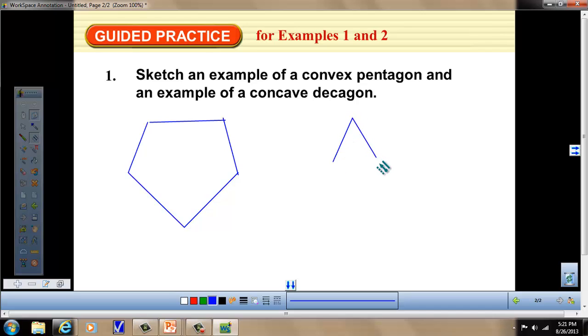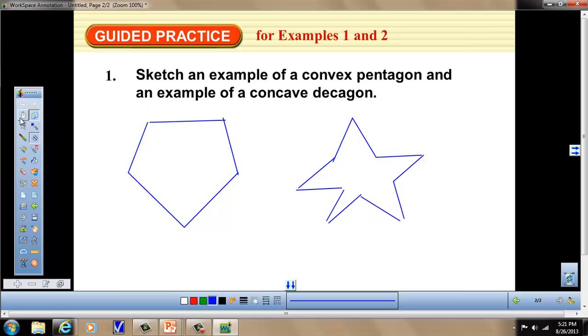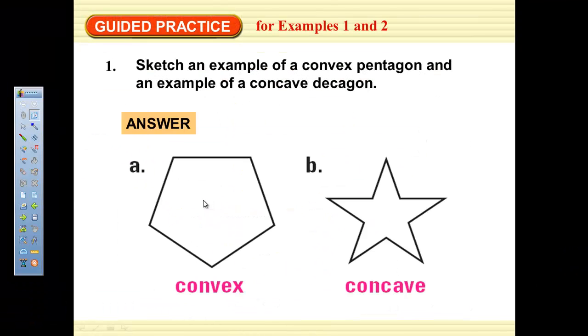So I'm just going to go 1, 2, 3, 4, 5, 6, 7, 8, 9, 10. That's a 10-sided figure. Decagon means 10 sides. Theirs, of course, looks much better than mine. A regular star there. Okay?